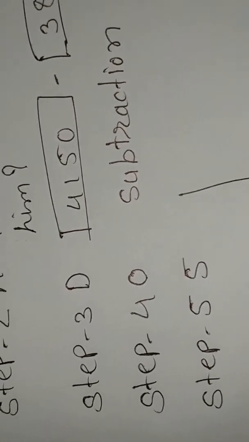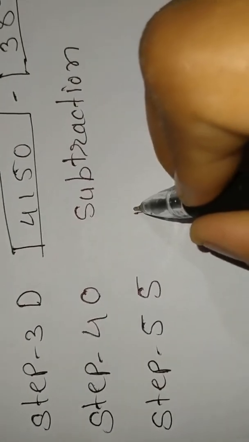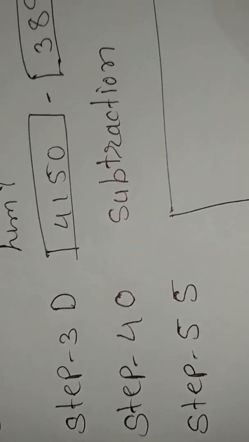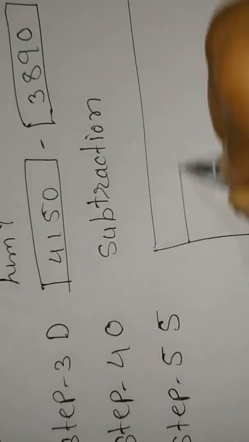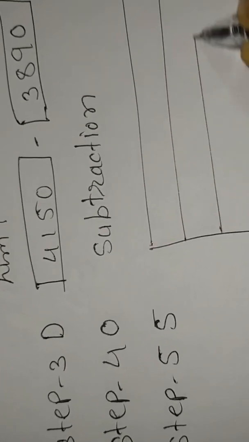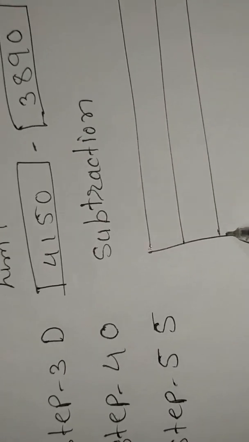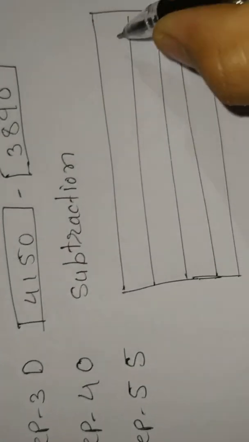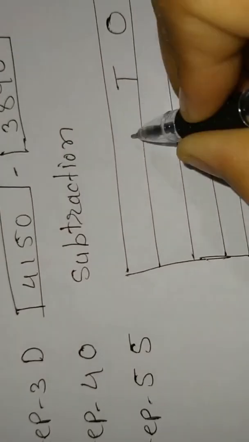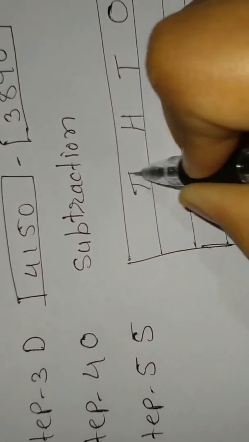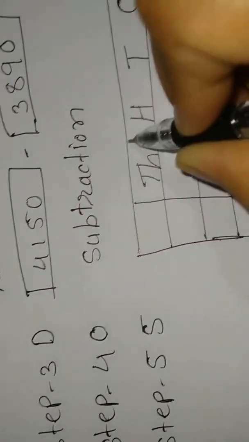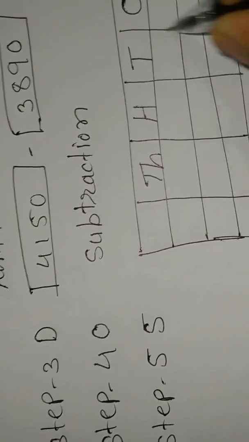So we have to draw a box. In that box we have to write ones, tens, hundreds and thousands.